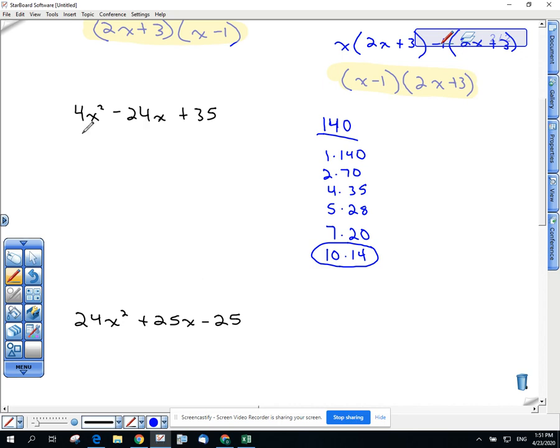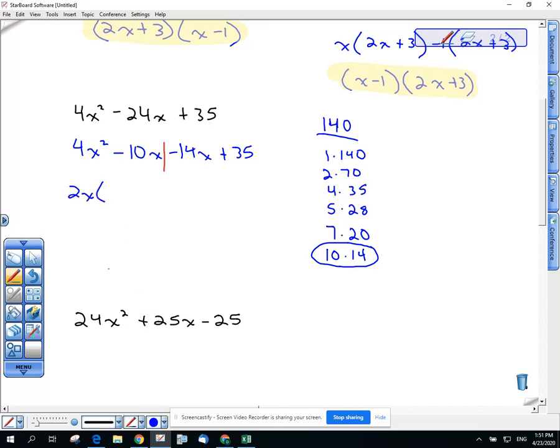So what I'm going to do then is rewrite this problem, 4x squared minus 10x minus 14x plus 35. Breaking up the middle term using these two numbers into two terms, just making it unsimplified, so that then I can factor by grouping. Take out a 2x.